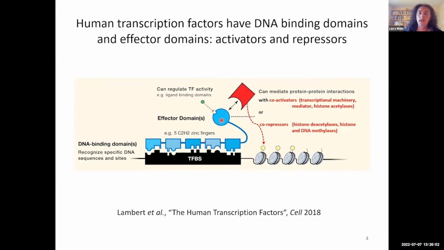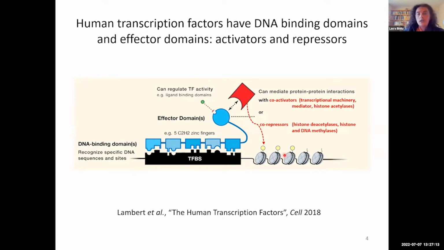If this effector domain is a repressive effector domain, then it would recruit co-repressors that most often act at the level of chromatin. They are going to remove active modifications, being deacetylases, or put repressive modifications, such as certain types of histone methylation or DNA methylation.